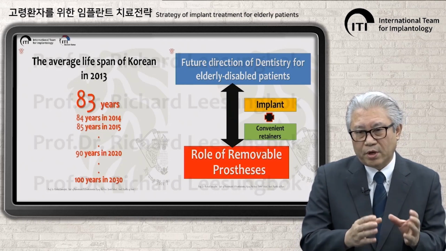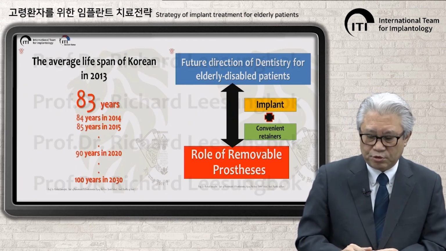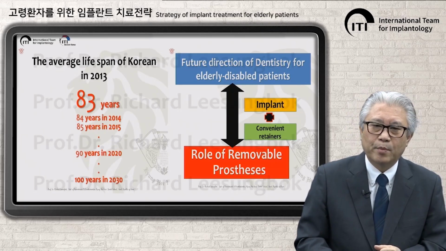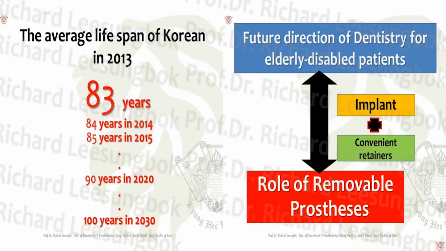Many dentists have misselected the retaining devices based on their own convenience, making it difficult for patients who are users to use them properly. Retainer is a retaining device that keeps the overdenture from dislodging in the oral cavity.